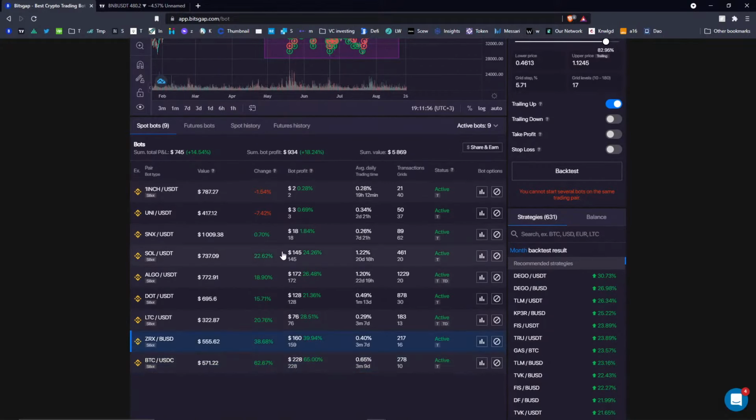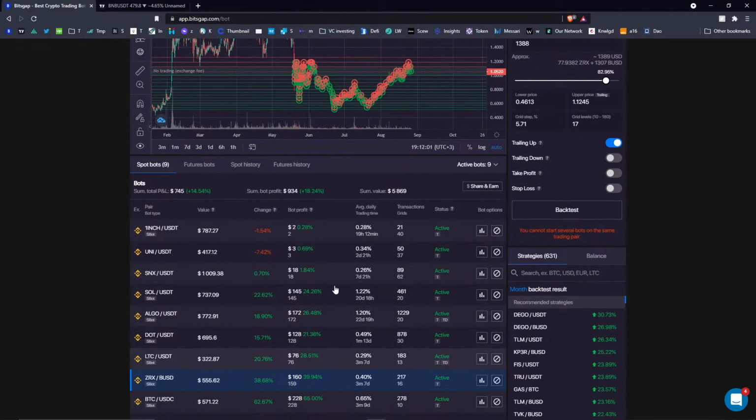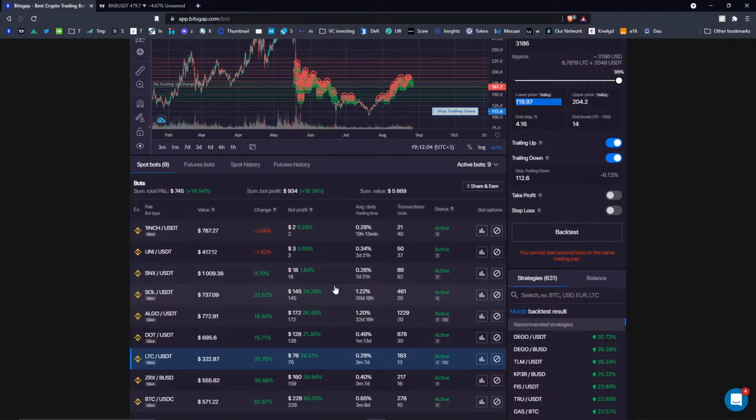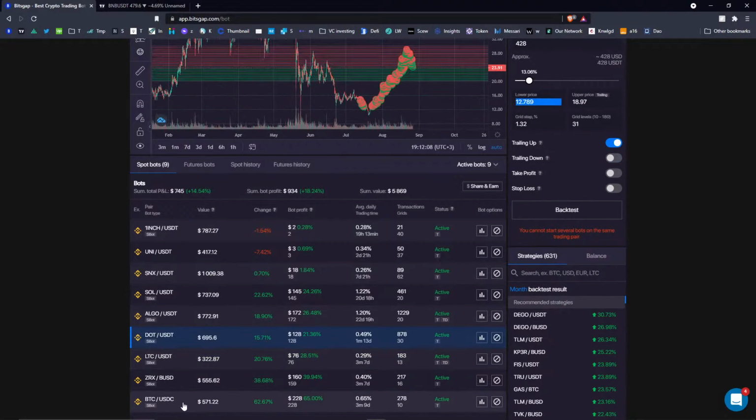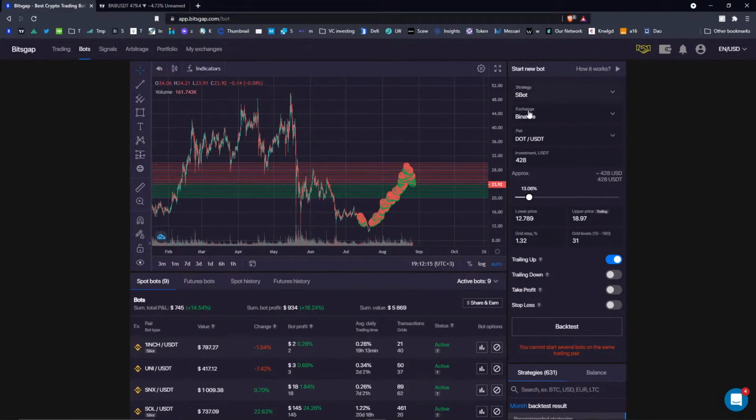The same would be applied to, okay, not for 0x yet, but maybe for Litecoin, and not even for the Litecoin, I would say. But yeah, the best example would be Bitcoin, the one that I should flip to the classic bot.